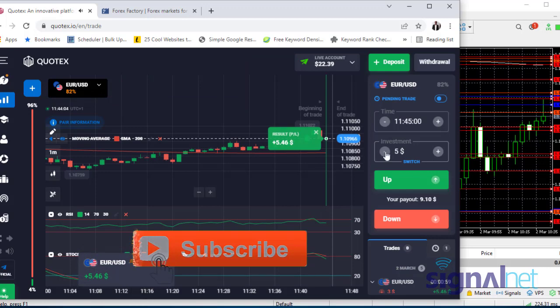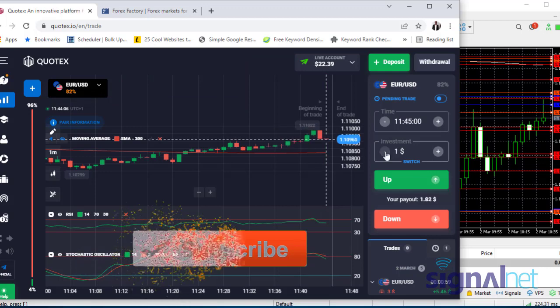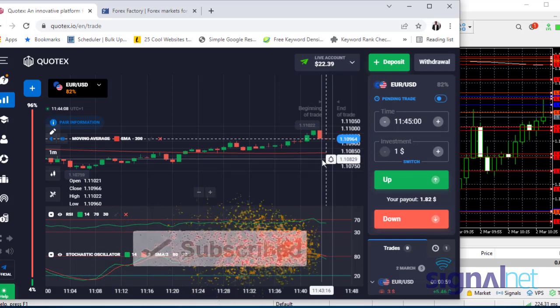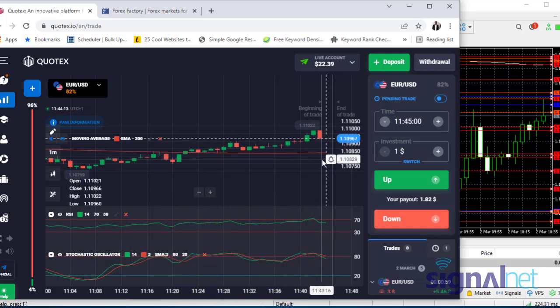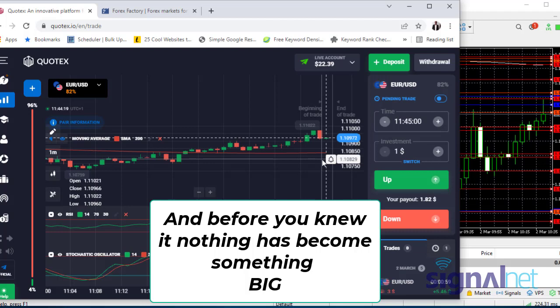So this is a typical example of how I take my trades. You can see gradually, even without taking so much risk, even at $1 at a time, we started with $19. Right now we're on $22 plus. So I just go on like that gradually on the account, and before you know it, little has become small.